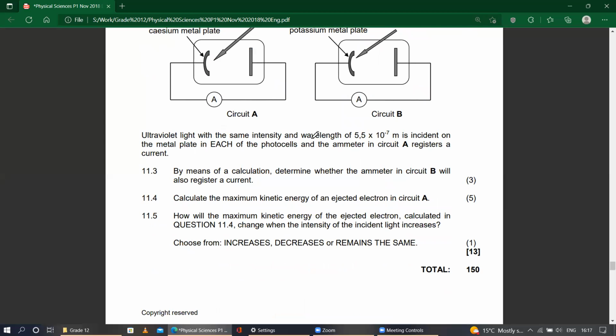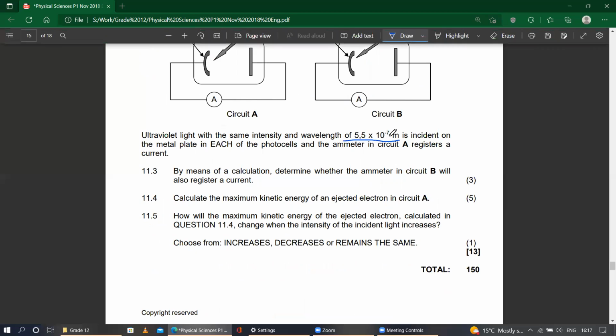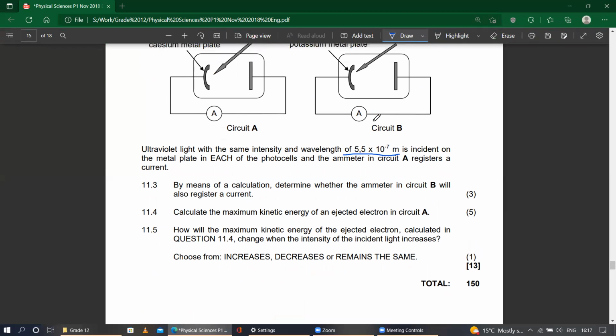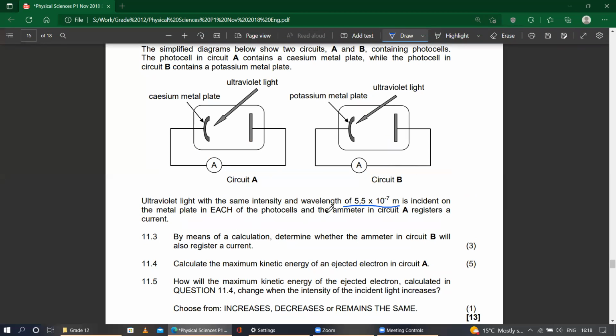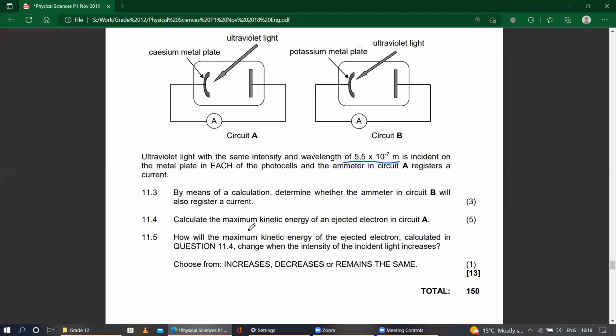And they gave us the wavelength of the UV light. And the metal plates are connected to an ammeter, which registers a current. So they say, by means of calculation, determine whether the ammeter in circuit B will also register a current.